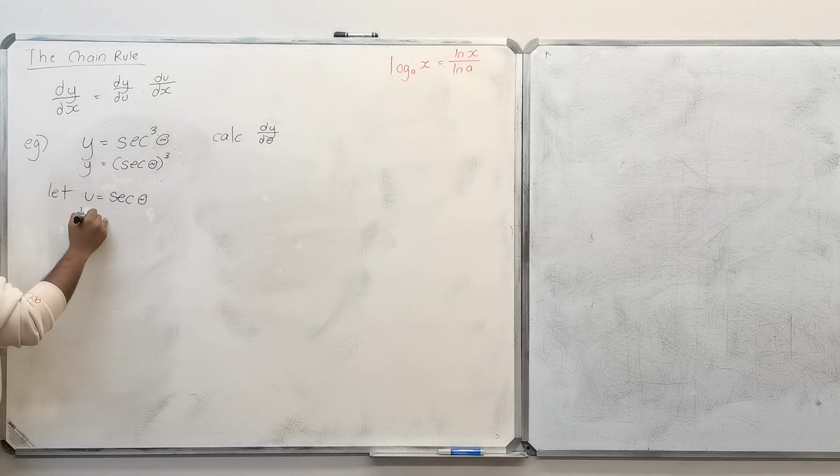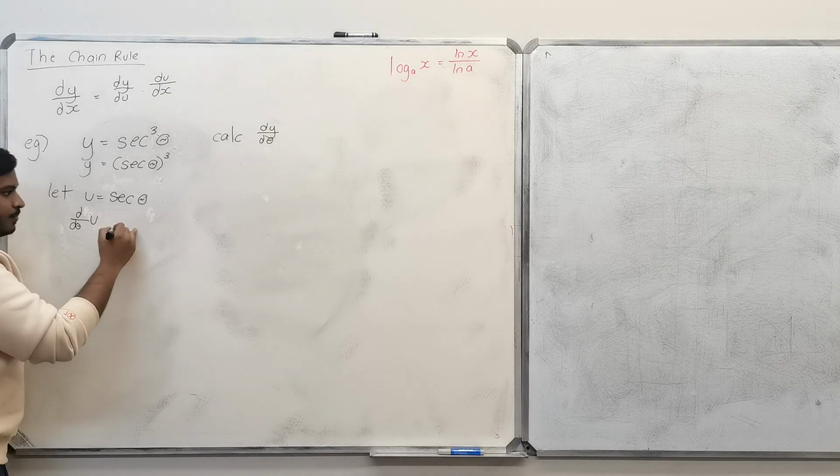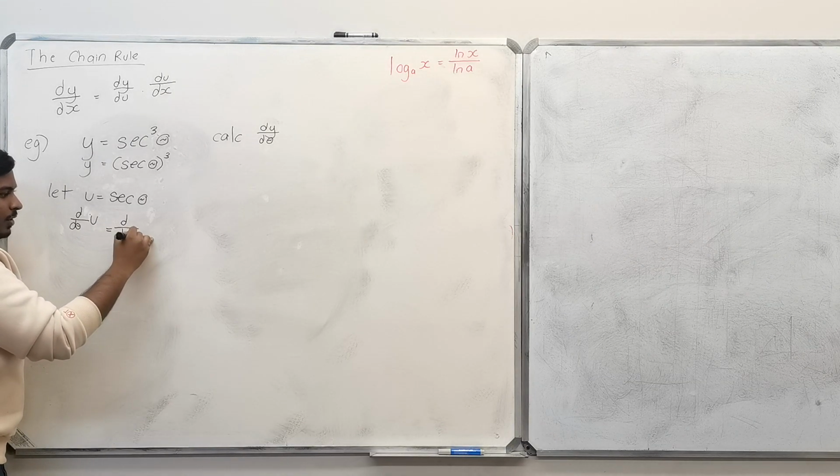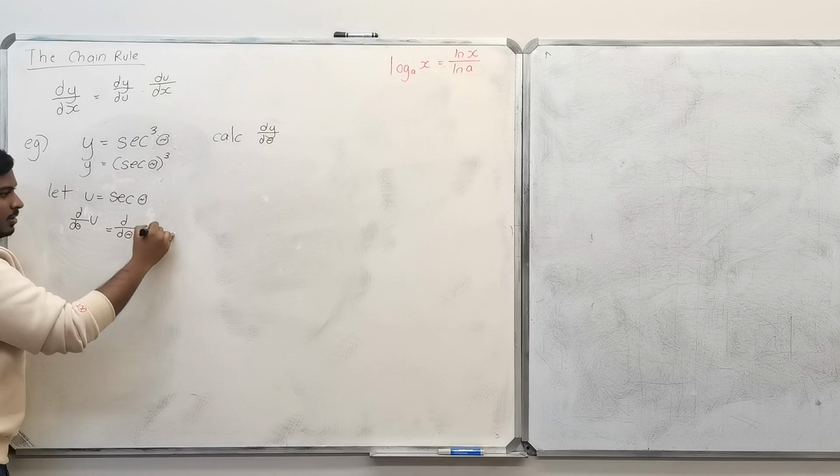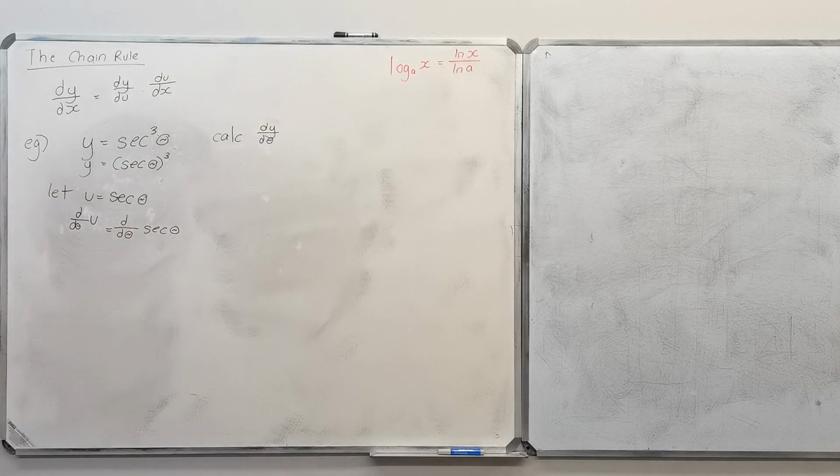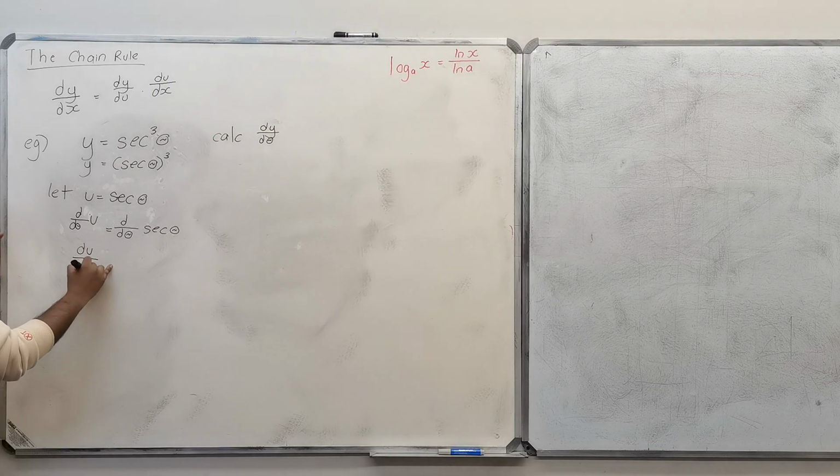So du with respect to the angle is equal to d over the angle of sec of the angle. Am I good? Okay. So this becomes du over d of the angle, which is equal to, what's the derivative of sec? You know what we do with the 3? That's my other function.